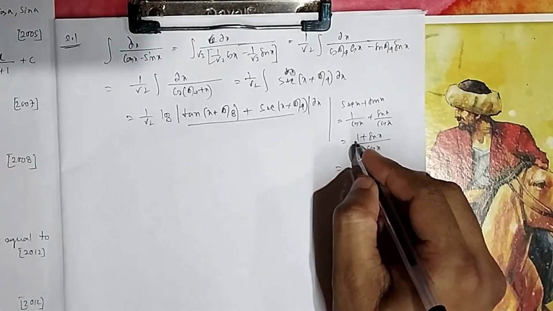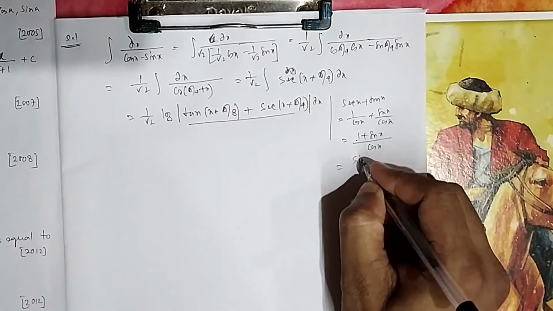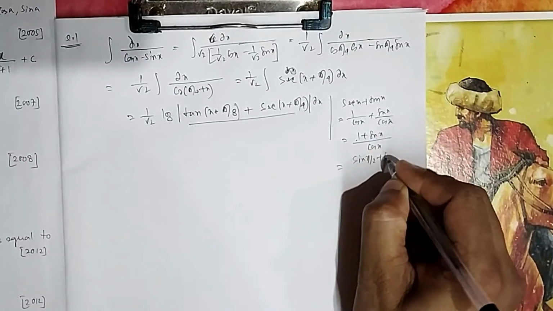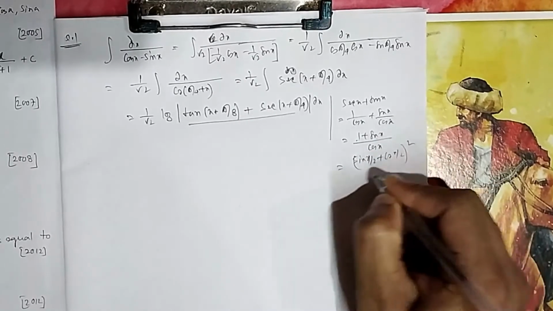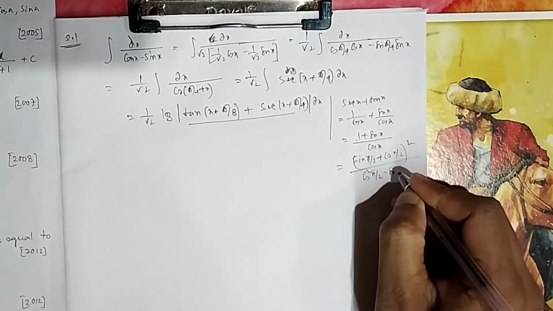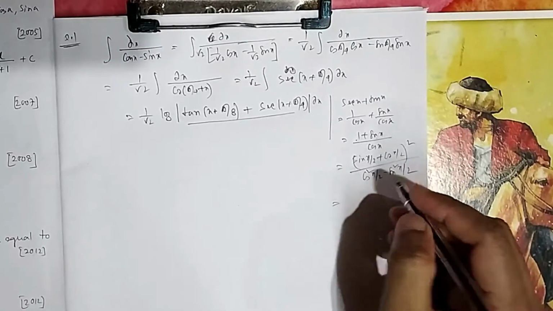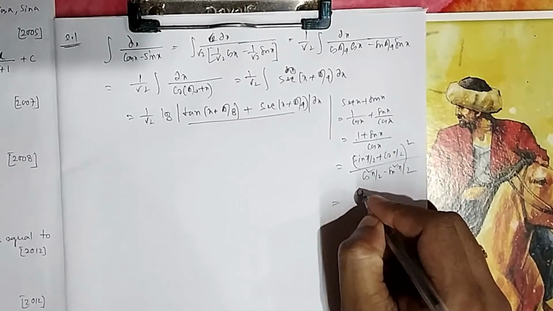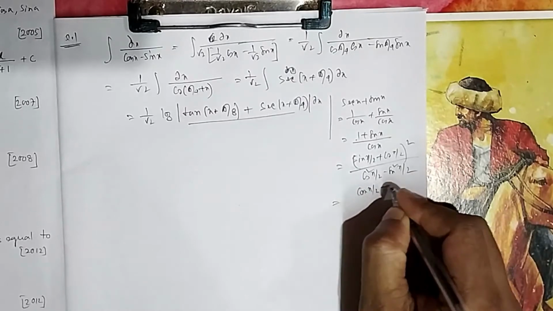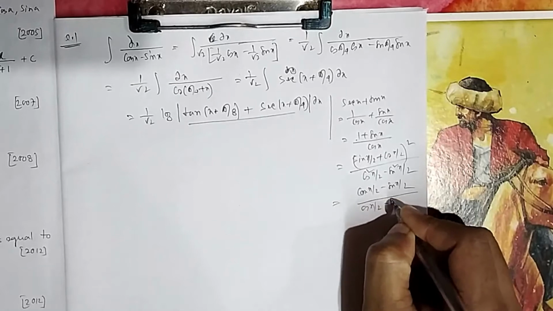You can write 1 as sin square x by 2 plus cos square x by 2, and sin x as 2 sin x by 2 cos x by 2. So the numerator becomes sin x by 2 plus cos x by 2 whole square, and the denominator is cos square x by 2 minus sin square x by 2. Ultimately if you open it, plus a b and minus a b get cancelled out and it becomes cos x by 2 plus sin x by 2 divided by cos x by 2 minus sin x by 2.